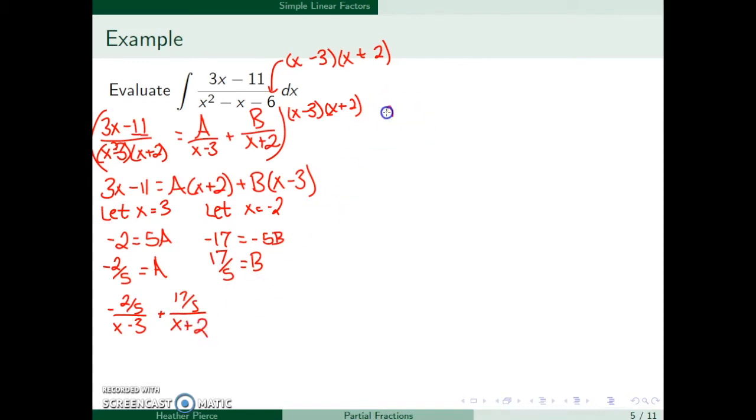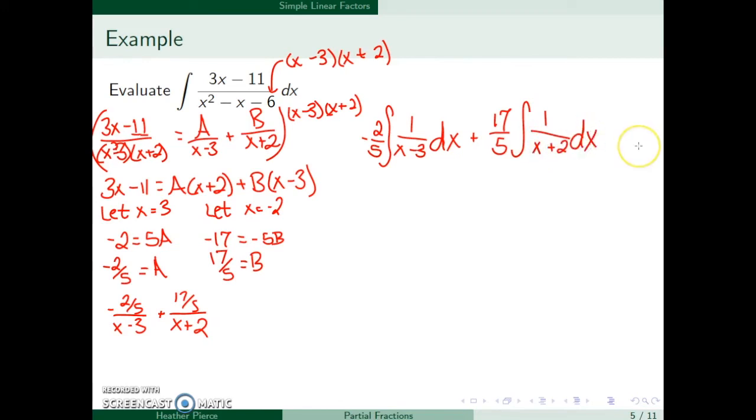So now let's try to integrate this. We can move constants out front, so I can move out this negative 2/5 and have the integral of 1 over x minus 3 dx. I can also move out the 17/5. So I have the integral of 1 over x plus 2 dx. So to evaluate these integrals, we'll do a substitution.